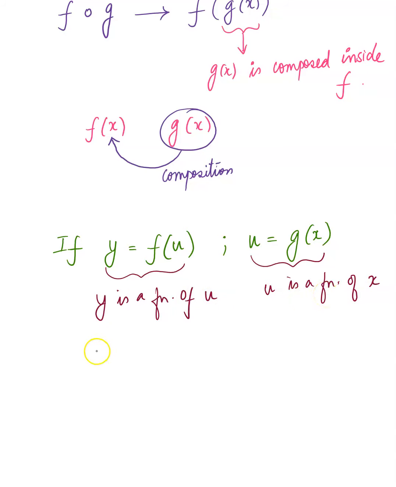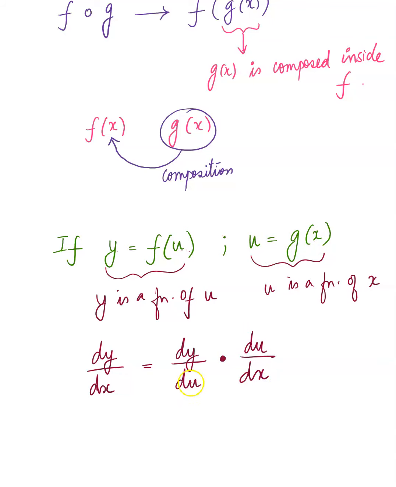And so when we say we need to find dy over dx, you know that u is the common connection, and because y and u are connected in the first function, you can split this dy over dx as dy over du, right, for the y, times, this is u and x, so you can do du over dx.